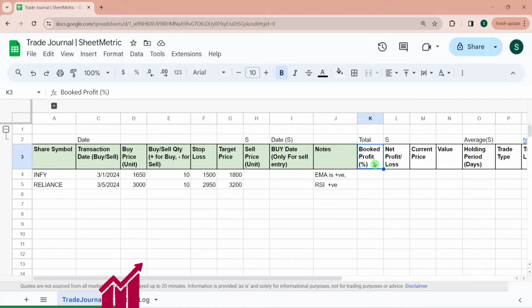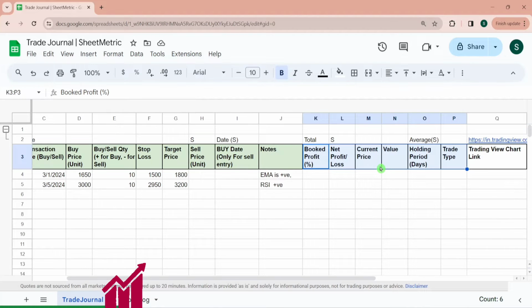And then these columns or headers, we will be building with formulas. So this would be kind of automated. How much percentage profit was booked, what has been the net profit or loss, what is the current price running, because this will help us in filtering the view for a stop loss.